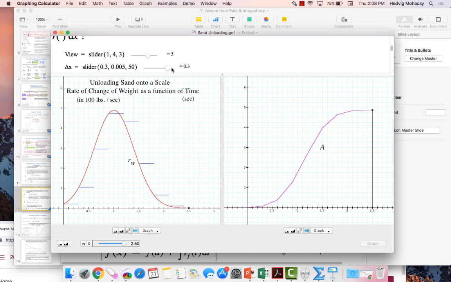This is the approximation with delta x equals 0.3. And I make delta x smaller. And look at that, the linear line segments smooth out and converge to the exact net accumulation function, like that.